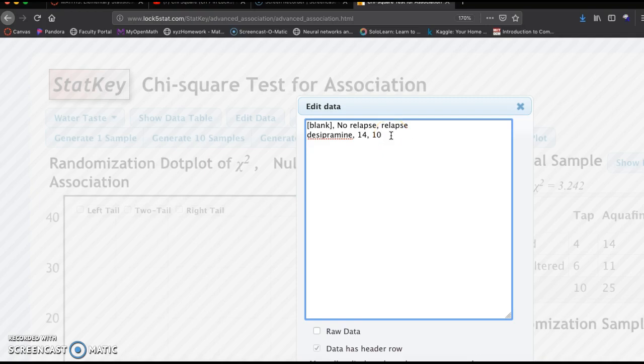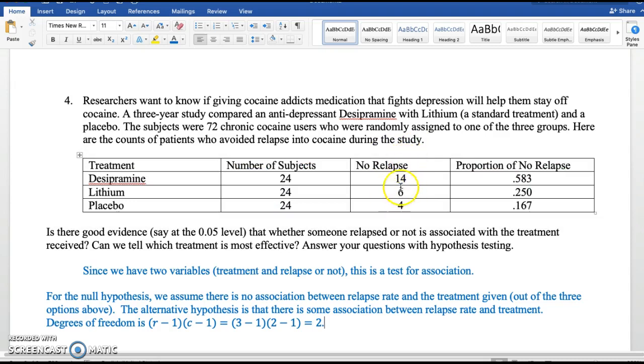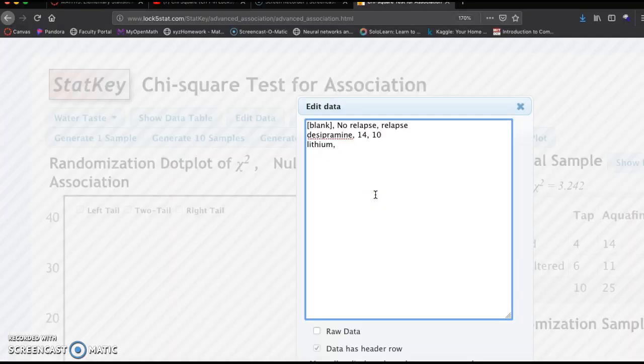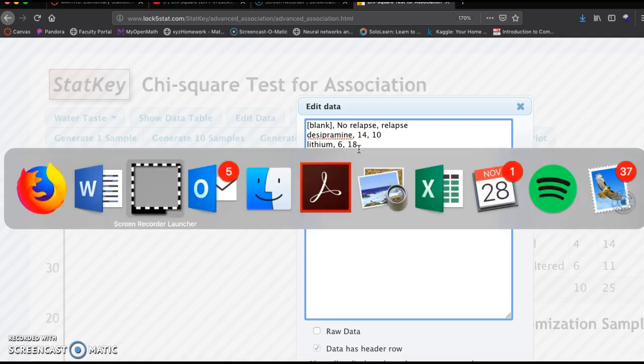All right, we take the lithium group. 6 did not relapse. So out of 24, 24 minus 6 is 18, so 6 did not relapse, but that means 18 did relapse. And lastly, for the placebo group, I think it was 4. I'll double check here.